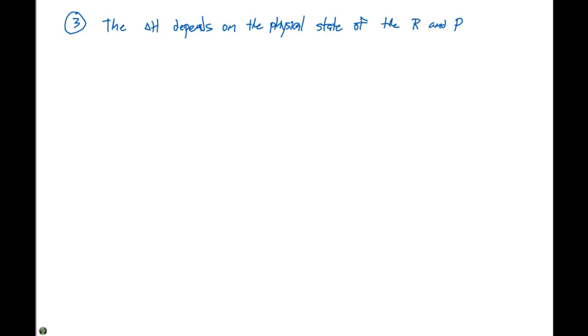Another thing that we have to be particularly careful with is the phases of our reactants and the products. Because the third thing that we have to keep in mind is that the delta H depends on the physical state of the reactants and products.